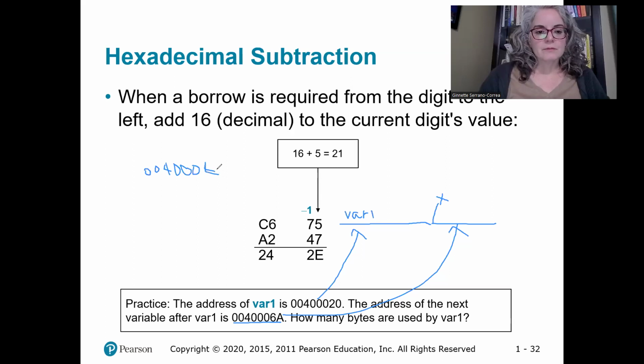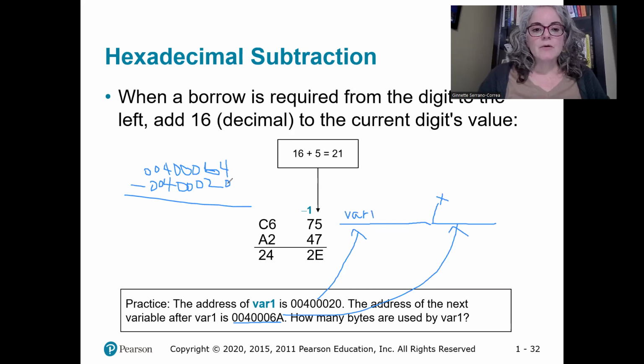No, 6. Sorry, I'm getting tired. So this is 6A. And then we're going to subtract this number. When I get tired, I start making mistakes. So we have 1, 2, 3, 2, 0. And I'm going to subtract it.